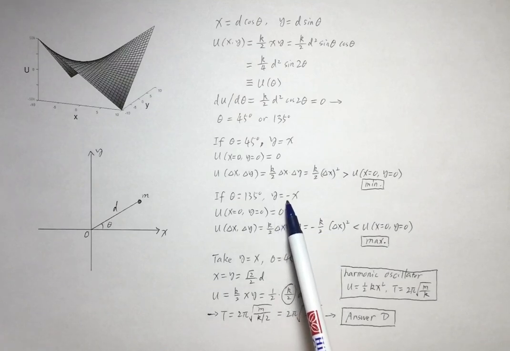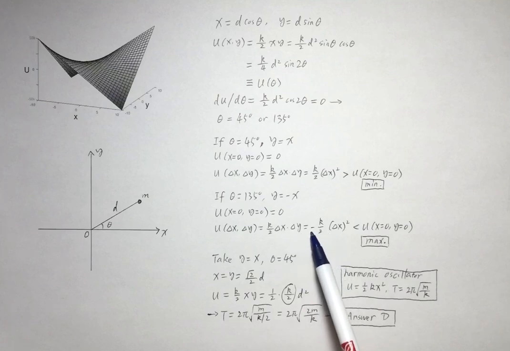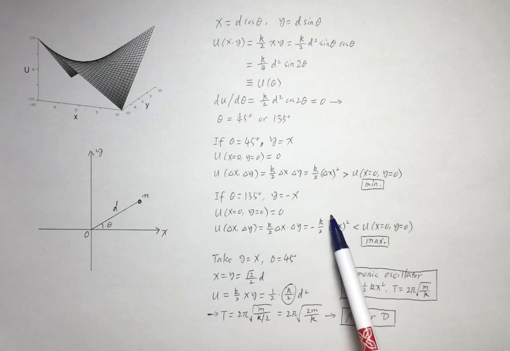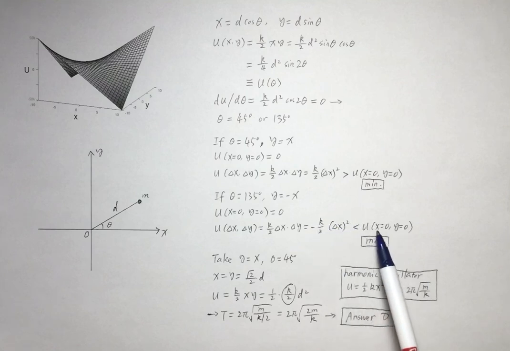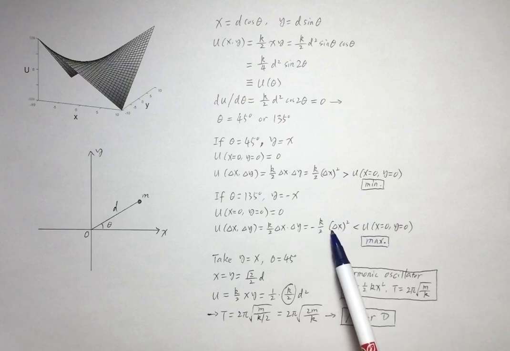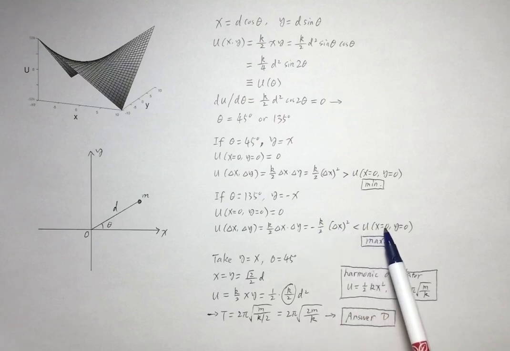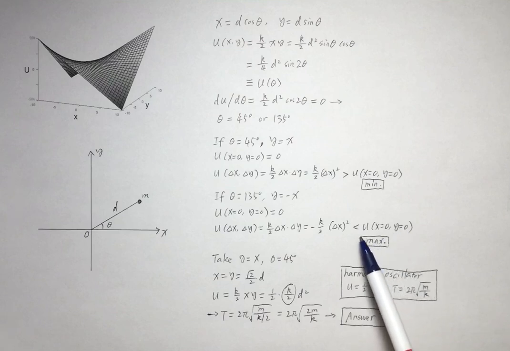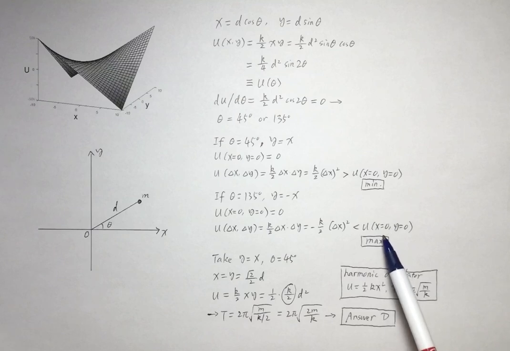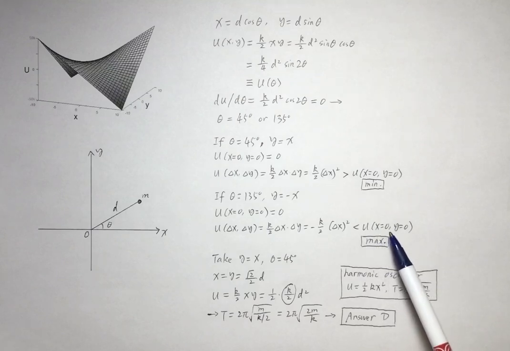Because y equals minus x, delta y is minus delta x. So the potential will be minus k over 2 delta x squared. This is a number smaller than 0, of course assuming k is a positive number. Then the energy is less than U at the origin. So that means the potential energy in this case at the origin is a maximum, which means this is not a stable location for the particle.